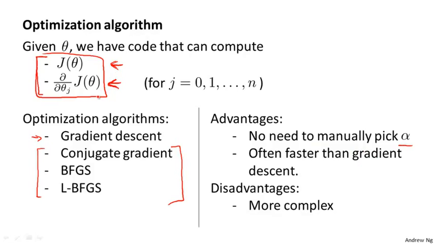In fact, they have a clever inner loop called a line search algorithm that automatically tries out different values for the learning rate alpha and automatically picks a good learning rate alpha, so that it can even pick a different learning rate for every iteration. And so then you don't need to choose it yourself. These algorithms actually do more sophisticated things than just pick a good learning rate, and so they often end up converging much faster than gradient descent.